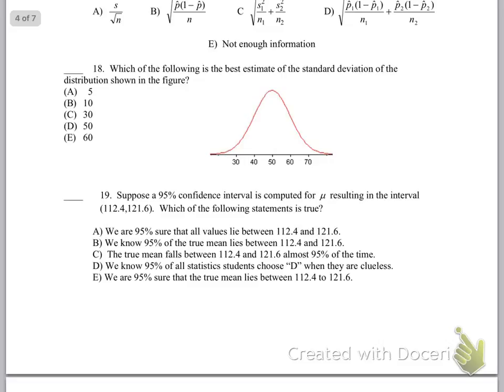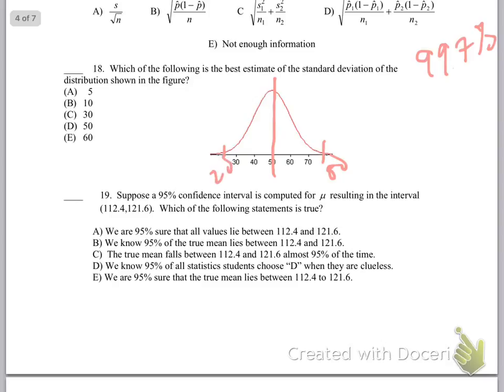Okay, so let's talk about this. We want to figure out what our standard deviation is. And remember, if I am 3 standard deviations from the mean, that is 99.7%. So that's roughly a good percent, right? So here is my mean. And so this is 80.